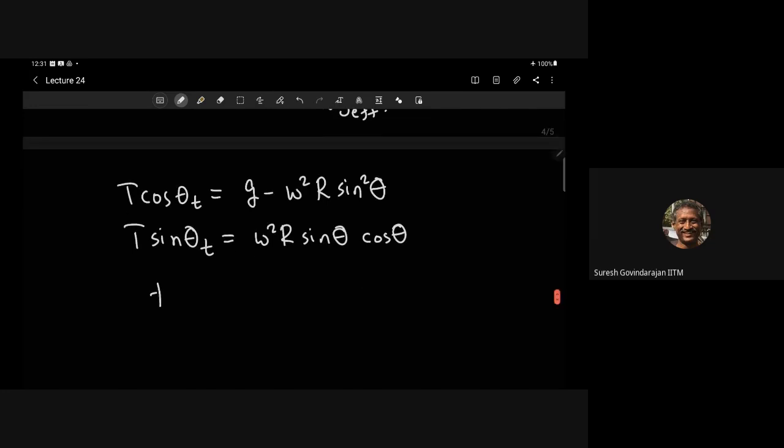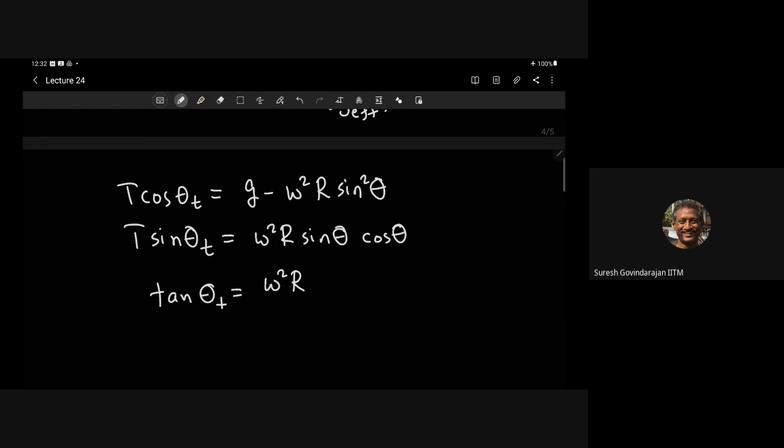The tan of theta tilt will be the ratio of these two, and that will be omega square R. Okay, now I'll do this.